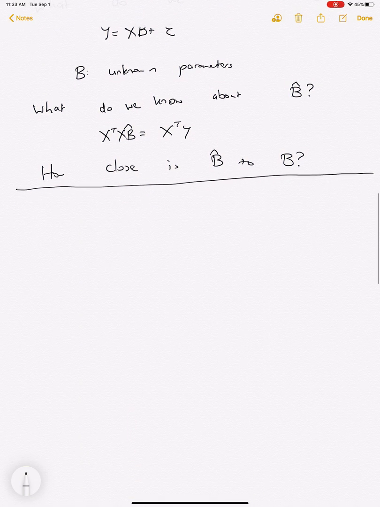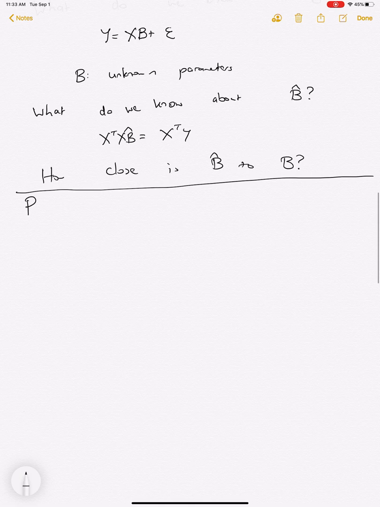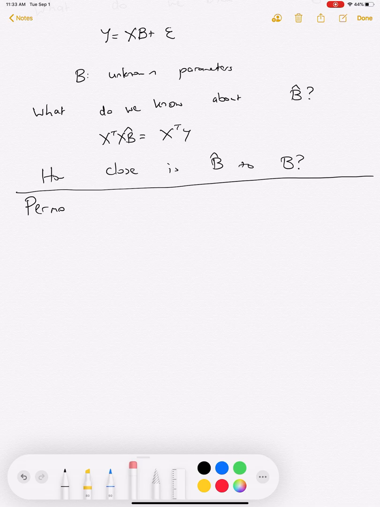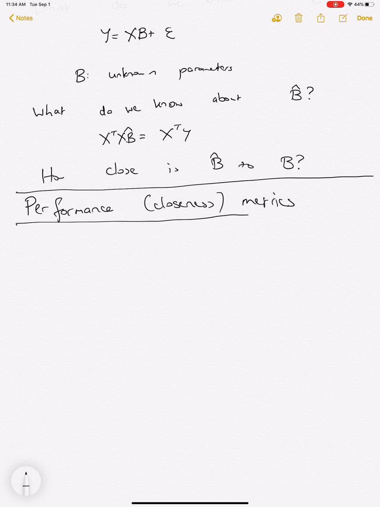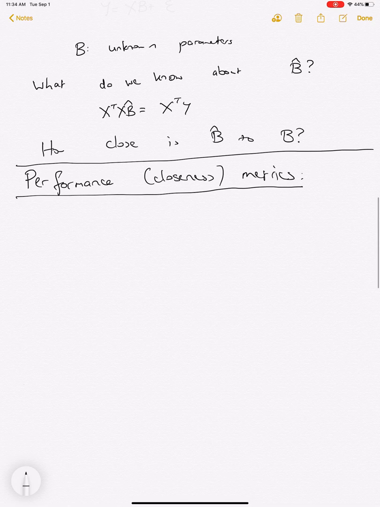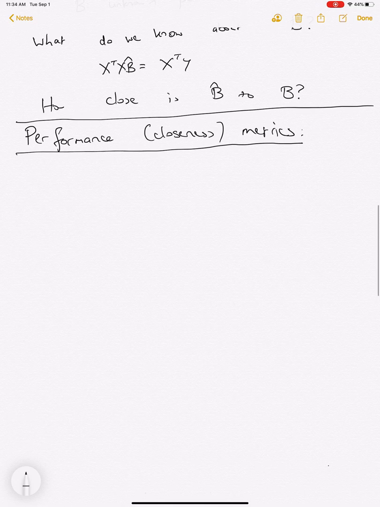So to address that question, we need some performance or closeness metrics to determine how close b hat is to b.